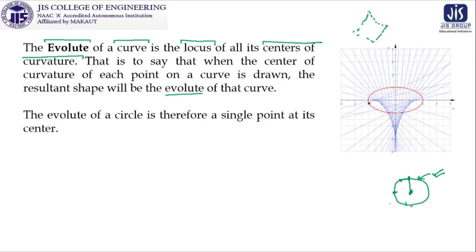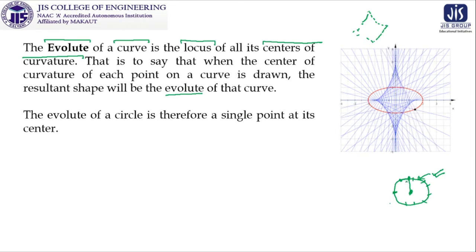In this way, when you are here or here, here, here, here, or anywhere on this particular circle, as the osculating circle is the same and fixed, the center is also the same and fixed, and that is the locus of the center of the osculating circle. So that is the locus of the center of the curvature.